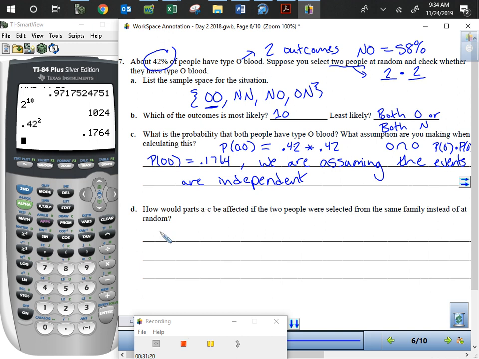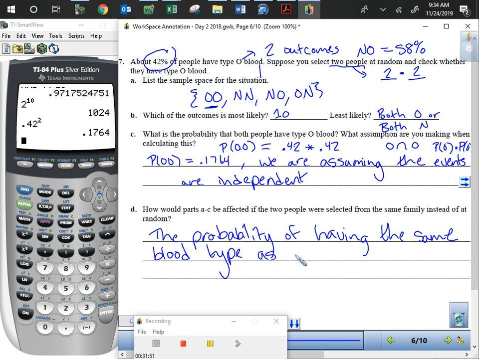So the probability would change. These are not independent events.